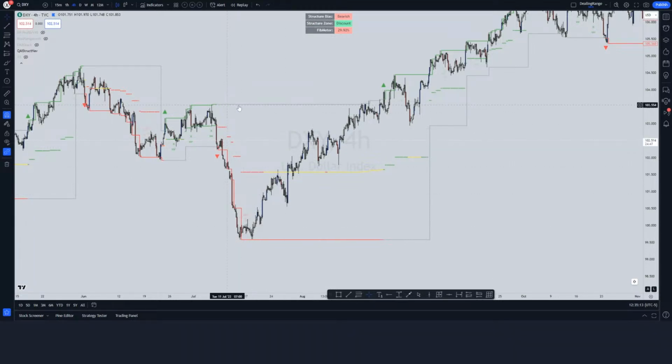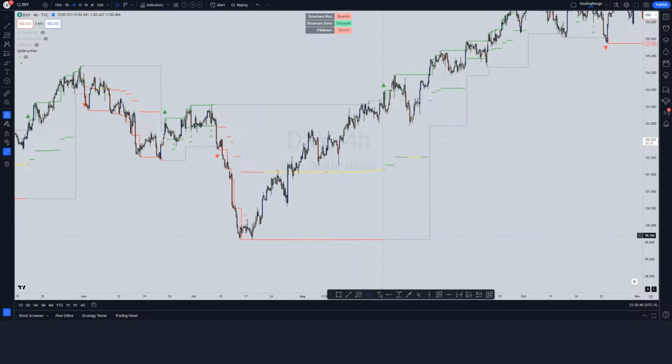It's between this gray line up here and this red line down here, which eventually turns gray, and I'll explain why. The color changes for these two lines that provide the dealing range give you a bias determination. When the line is red, the bias is generally bearish.